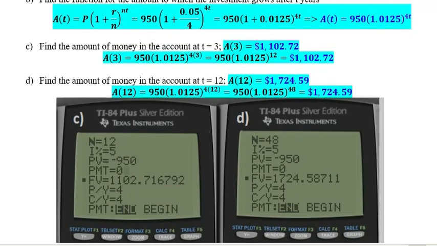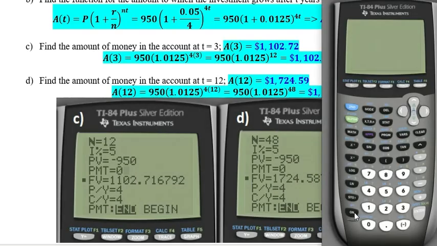So before we do that, first let's look at this calculation. It is 950 times 1.0125 to the power of 12, and that gives us $1,102.72.